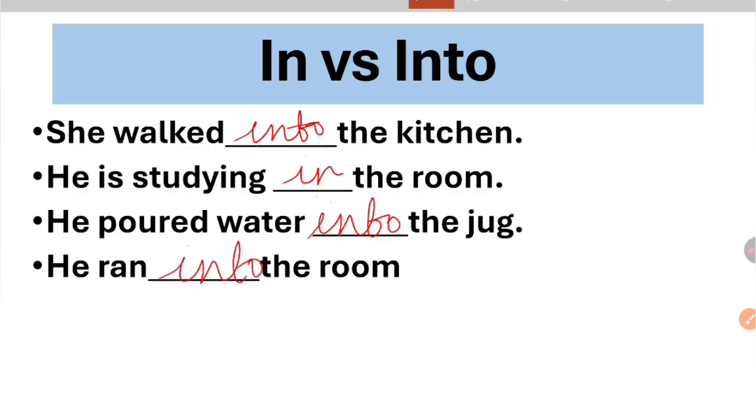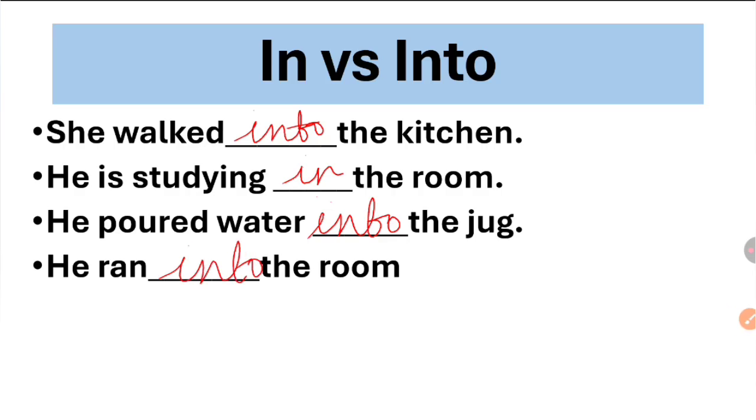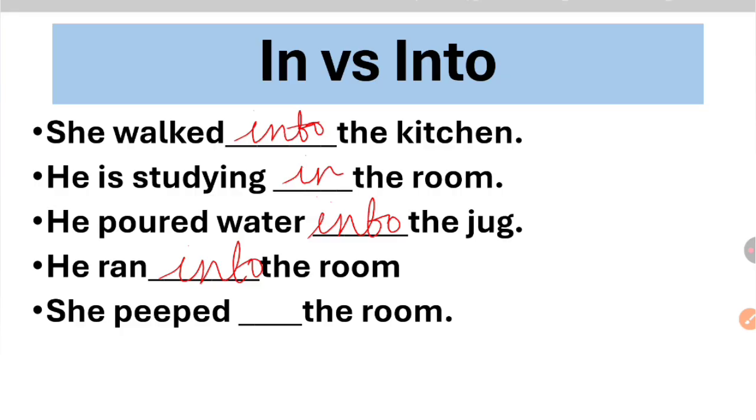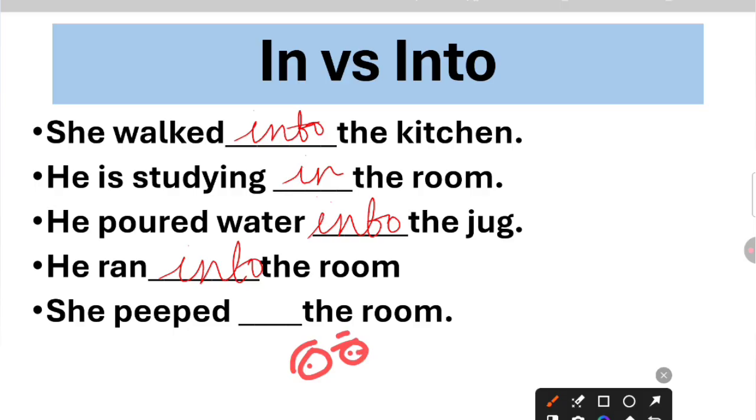You got it? Now the next sentence, she peeped blank the room. So peeped, what will you use? She peeped in the room or she peeped into the room? Here you see, first of all, like these are your eyes, and peeping is like seeing through.